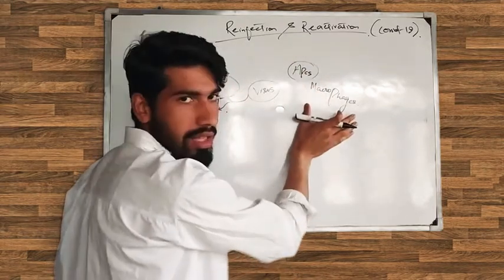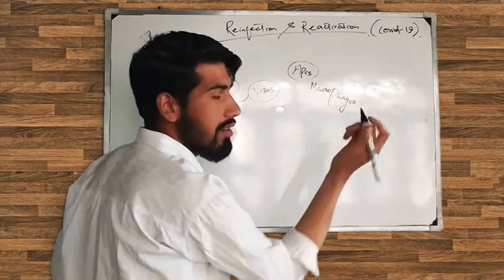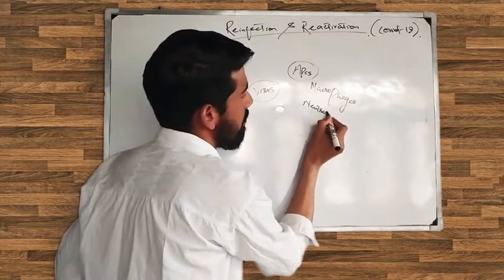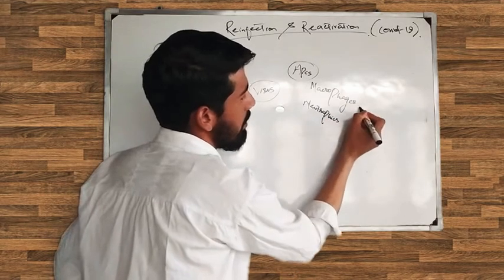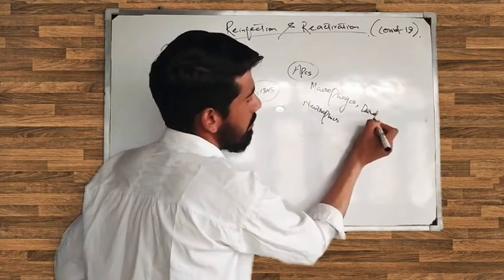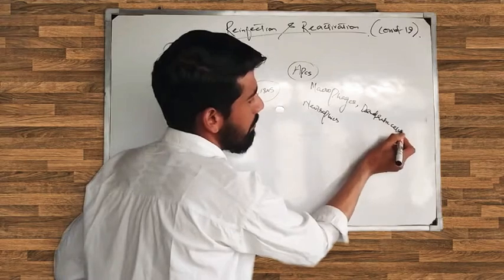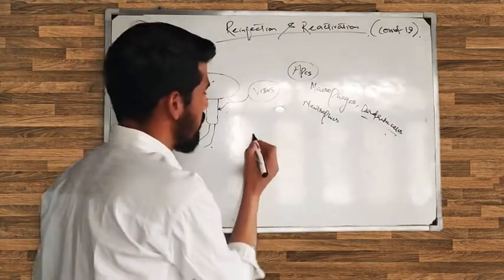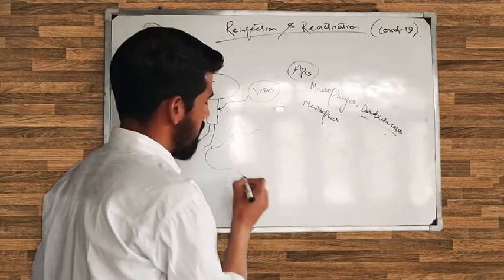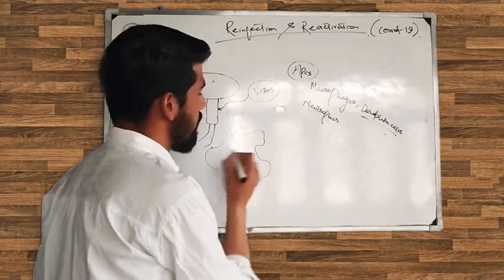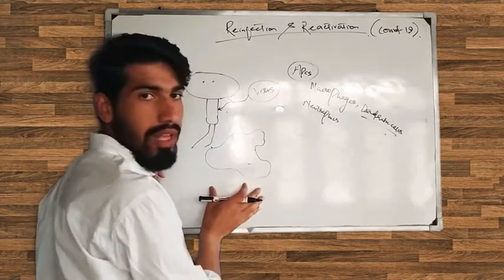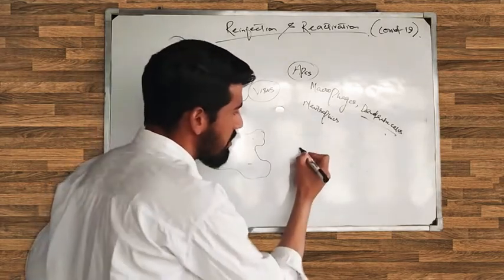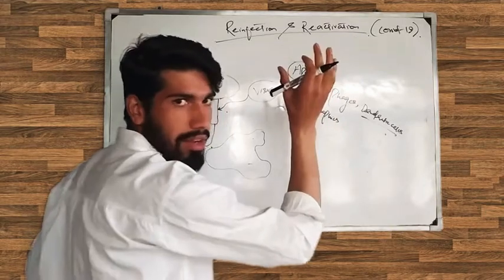There are the macrophages, the neutrophils, and the dendritic cells. These cells capture the virus. Suppose this is the macrophage cell, an antigen presenting cell, and let's assume the virus is COVID-19.